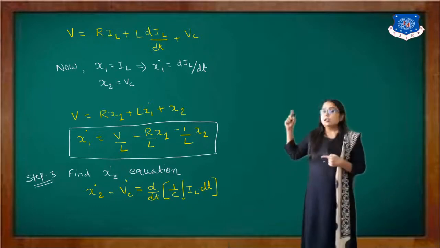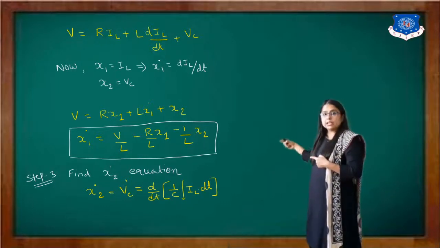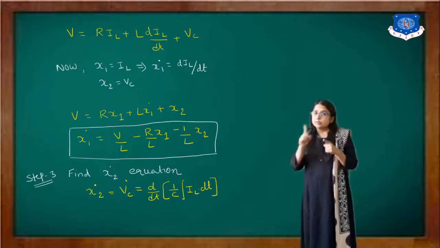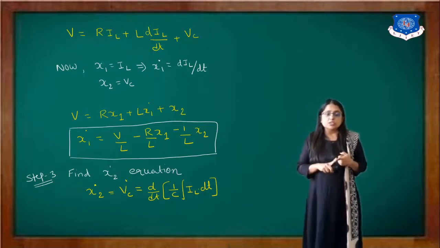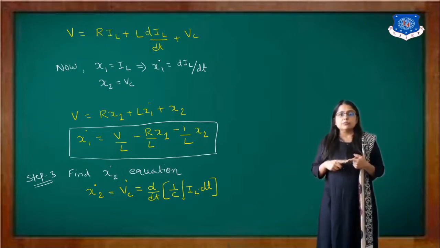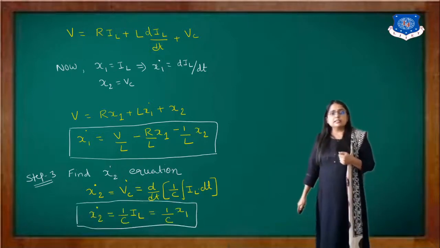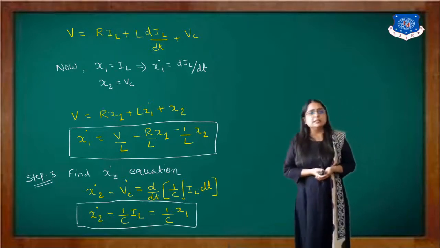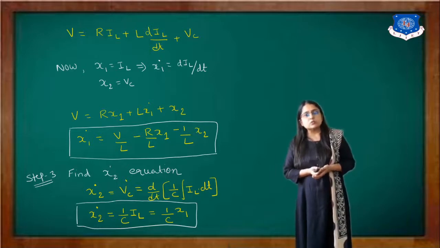So I get d by dt of 1 by C integration of IL dt. 1 by C is a constant, so differentiation and integration cancel out. So x2 dot equals 1 by C IL, which is nothing but 1 by C into x1.